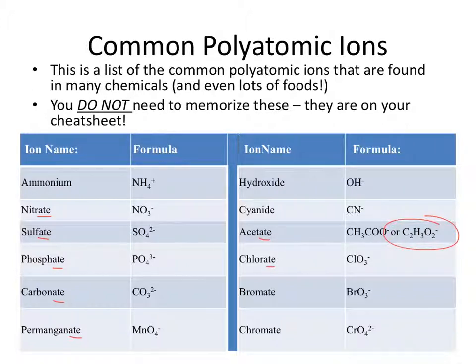Chlorate, ClO3-. Bromate, BrO3-. Chromate, CrO4 2-. Those are all the ones that end in "ate." Then we have some special named ones. So we have ammonium, so that's NH4+. Hydroxide, so that one is a combination of hydrogen and oxygen, and it's OH-. We have cyanide, so a combination of carbon and nitrogen, and it's CN-. This one is a really deadly one. You don't tend to deal with it much.